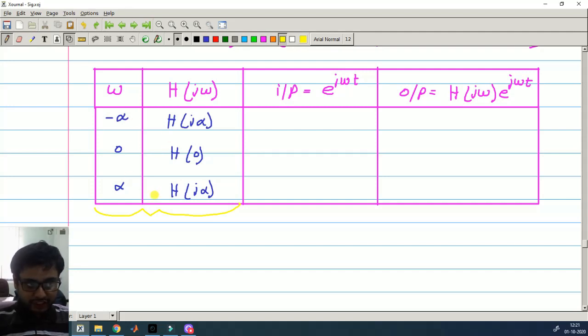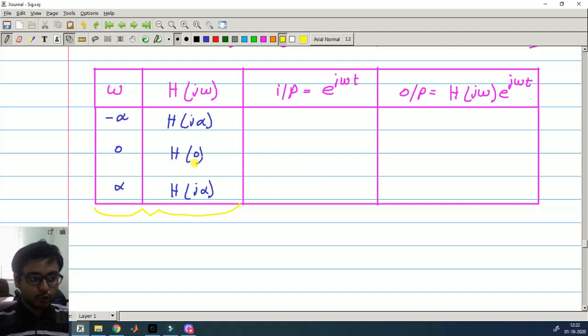If I have these two columns at my disposal, then given any input, I can break it into a sum of exponential inputs like this, and for each such component, the output will be the same input component multiplied by these constants, and then I can add all the component outputs.